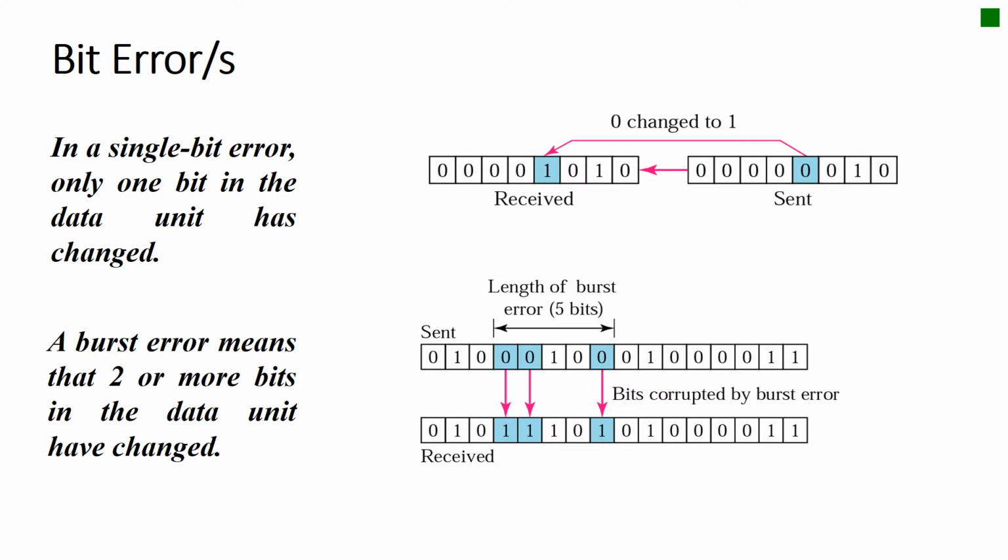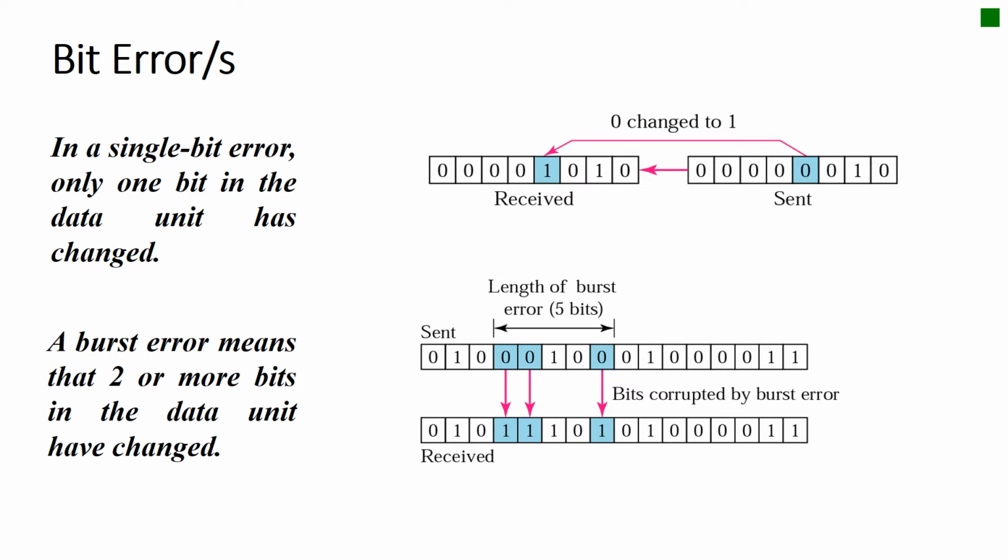Now, bit errors. We have many types of errors. They are called single bit error, multiple bit error, and some of them use the term burst error. So, what are the differences between those types of error? Single bit error is when only one bit in the data has changed from 1 to 0 or 0 to 1.